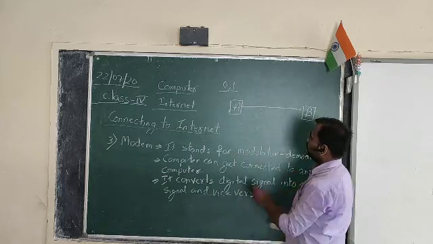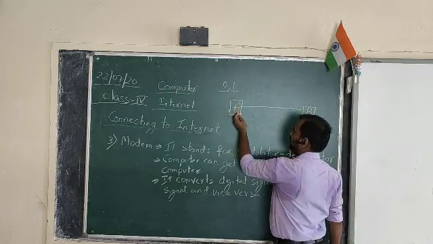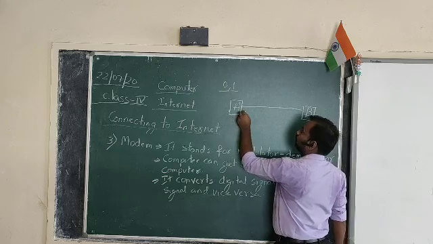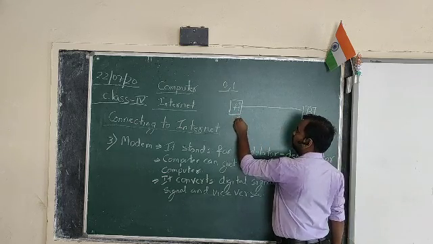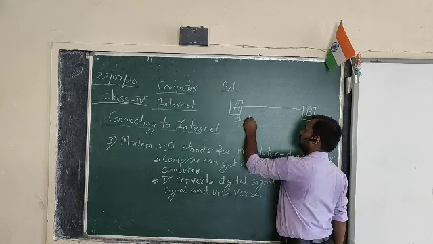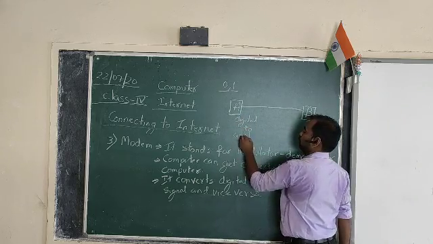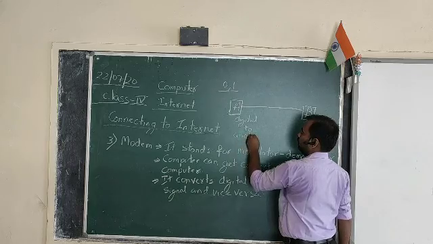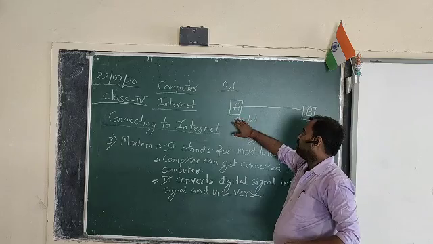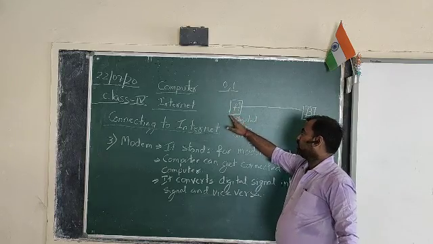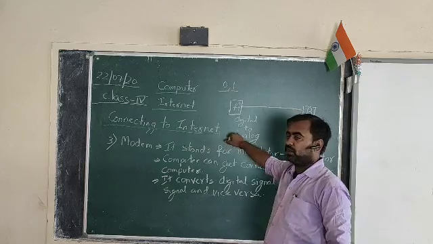So the data or signal which is sent from A to B is converted from digital to analog. First of all, the data is converted from digital form to analog signal.